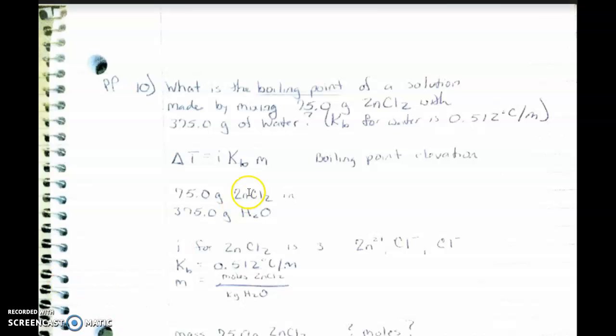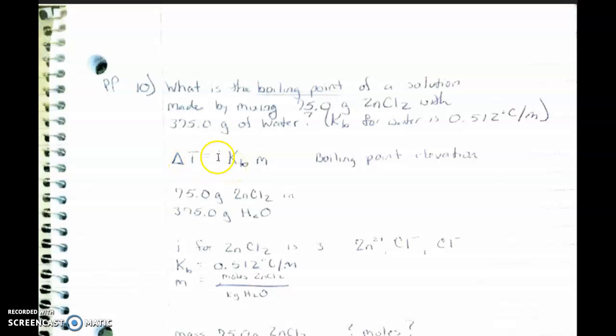So we know that this has to do with changing the boiling point of a solution. And so we know we are going to use this equation where delta T equals i times the boiling point elevation constant of the solvent and molality.